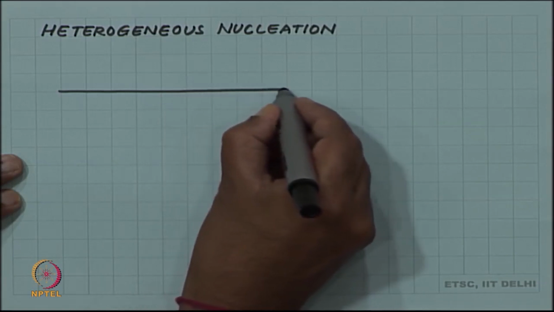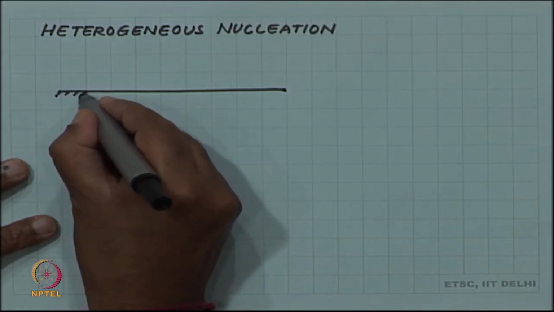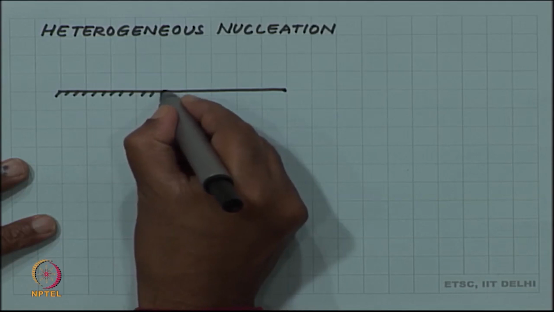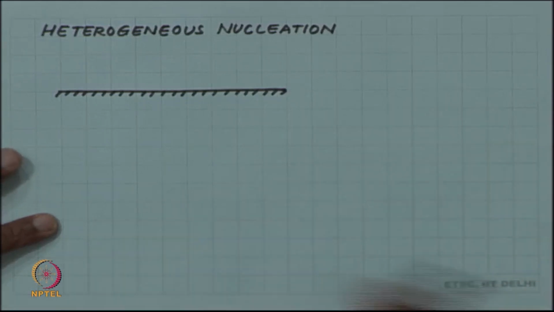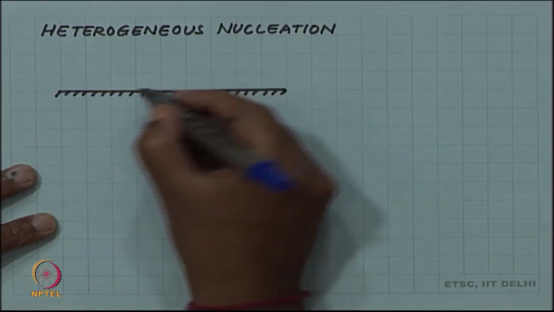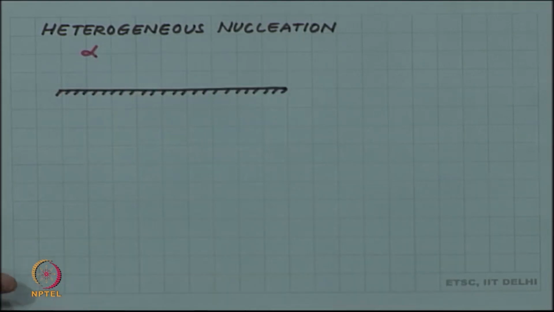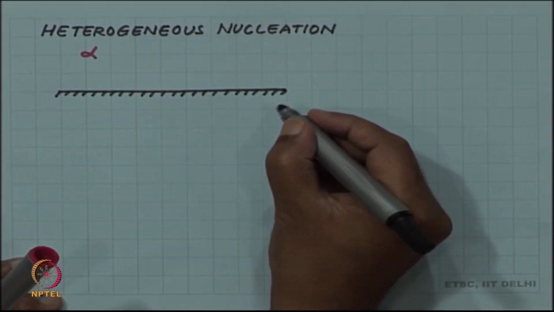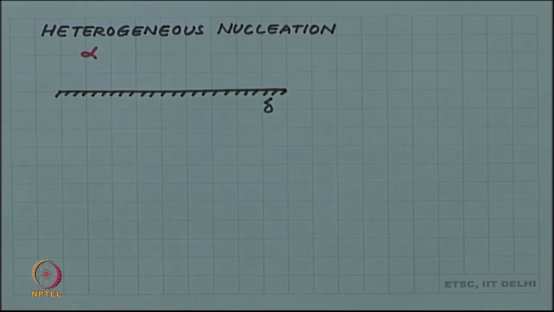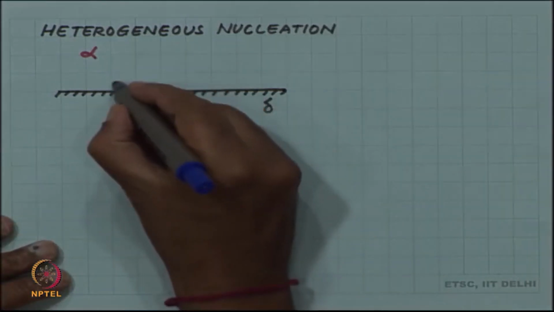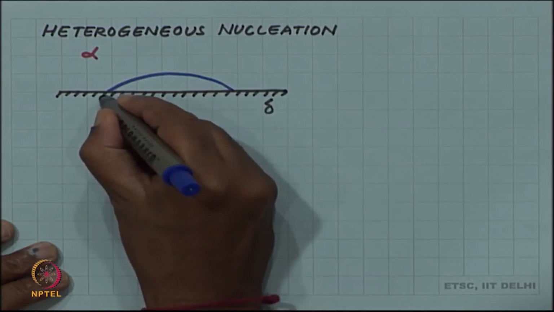Let me assume some sort of container wall or substrate, over which there is some phase alpha, and let me call the substrate itself delta, and in alpha a nucleus of beta forms.